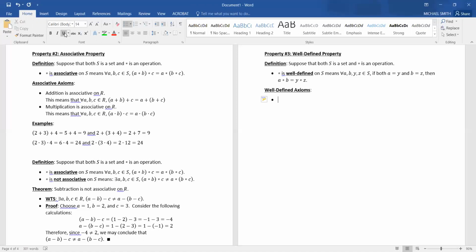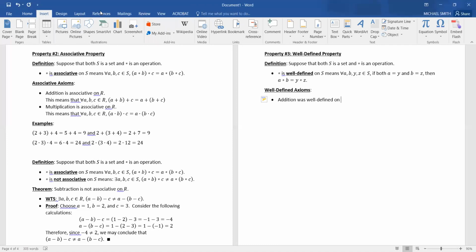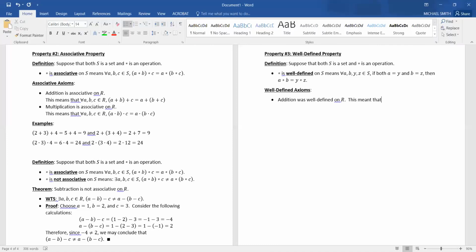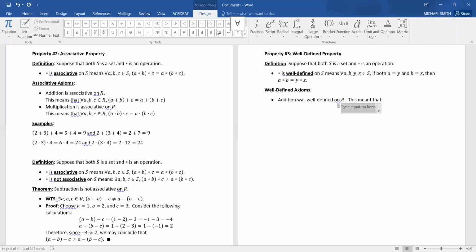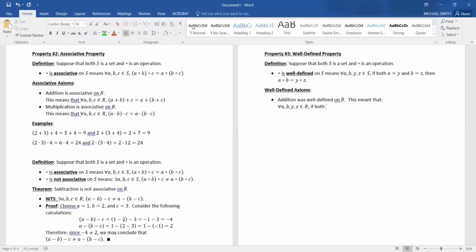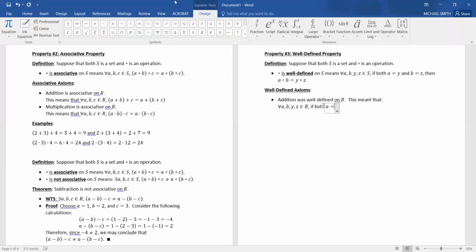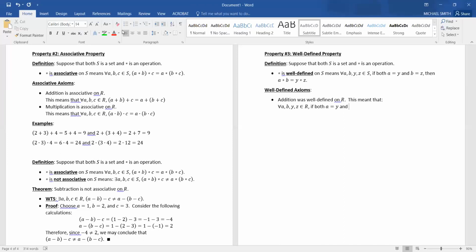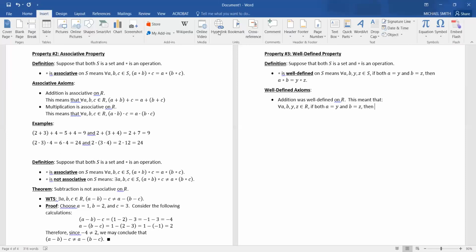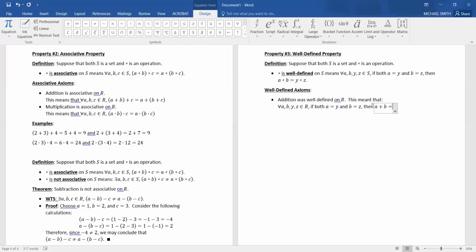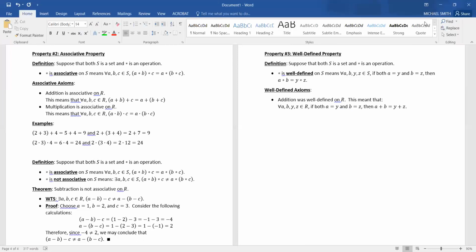We had that addition was well defined on R. And this meant that for every A, B, Y, Z in the set of reals, if both A equals Y and B equals Z, then A plus B equals Y plus Z. And similarly, the other three operations were also well defined.